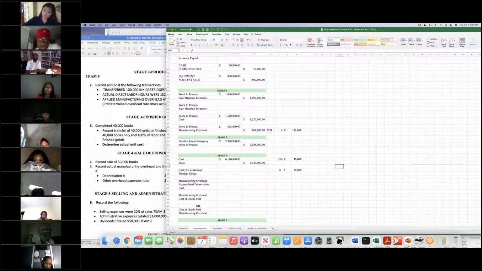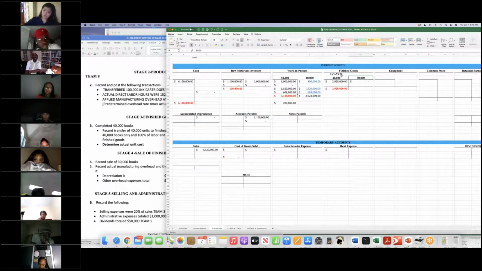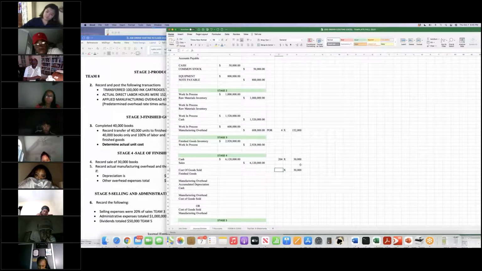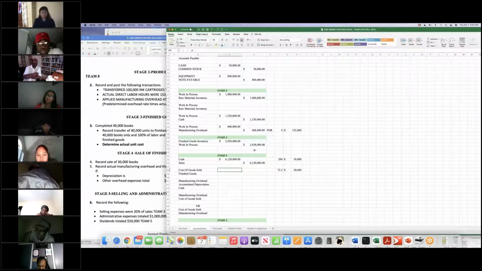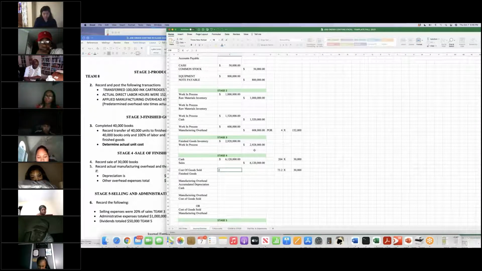What's the cost going to be? $73.2. So we have to go back and pick up that actual cost now. So what's our cost of these books? 2,196,000.